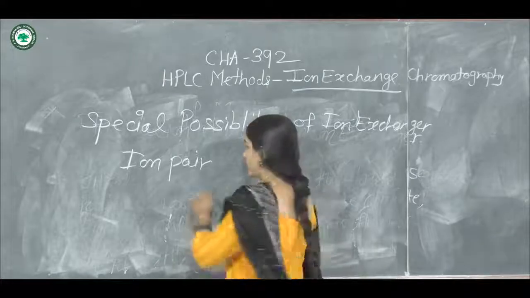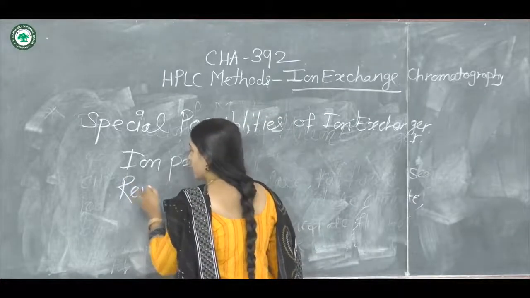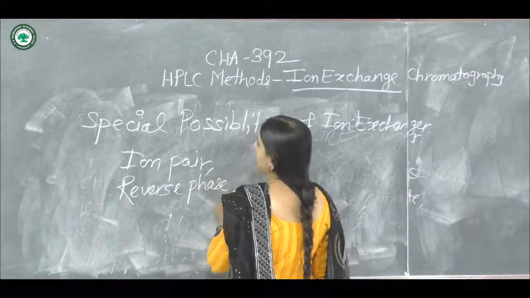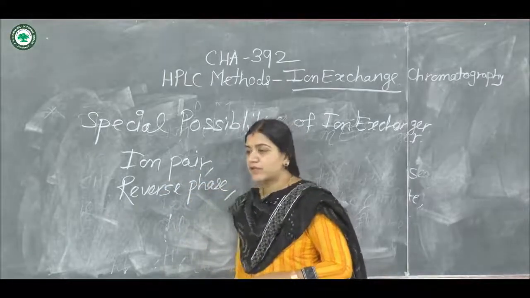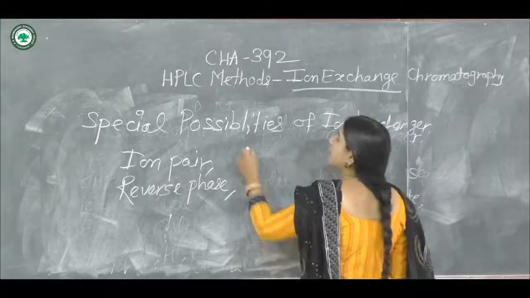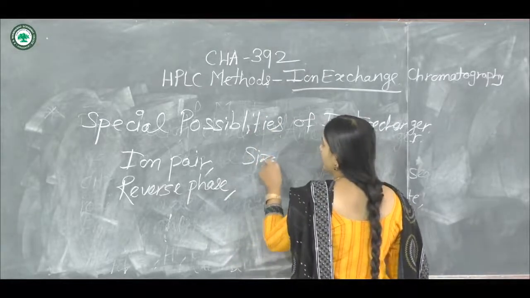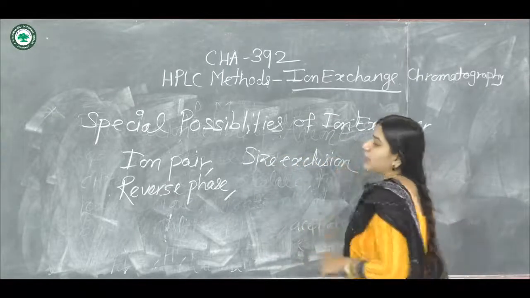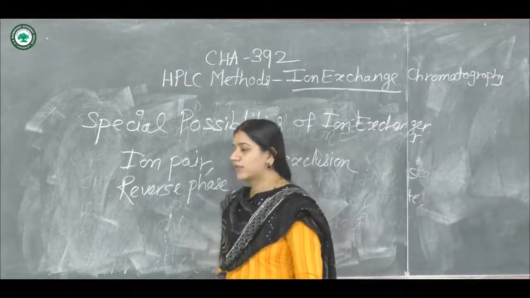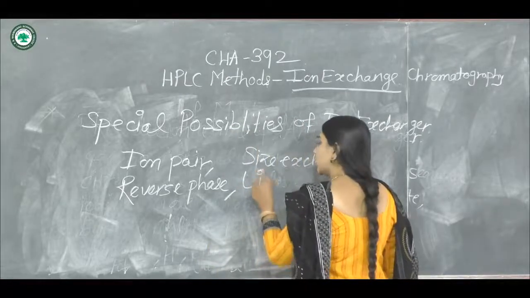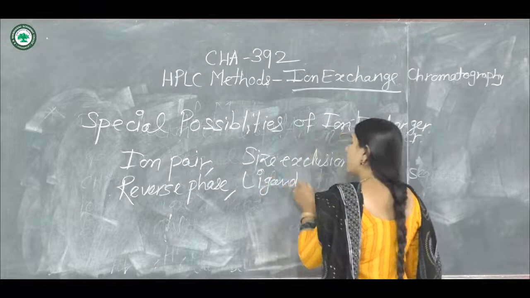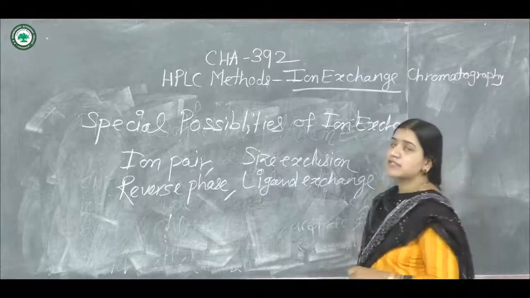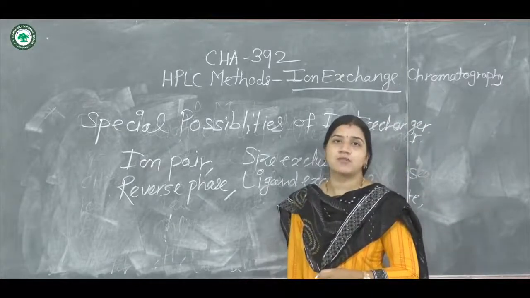Ion pair chromatography, reverse phase chromatography, size exclusion chromatography, or ligand exchange chromatography, all these are considered as the special possibilities of the ion exchange chromatography.